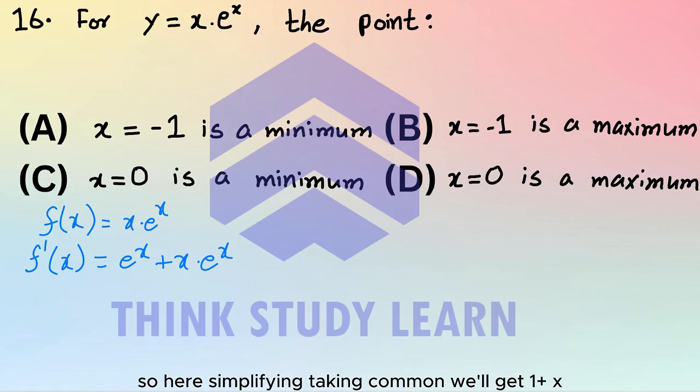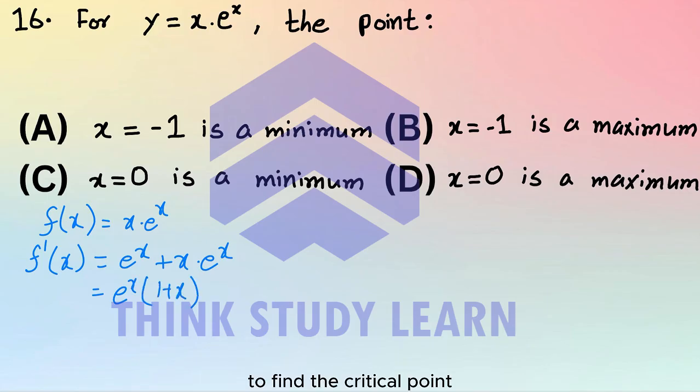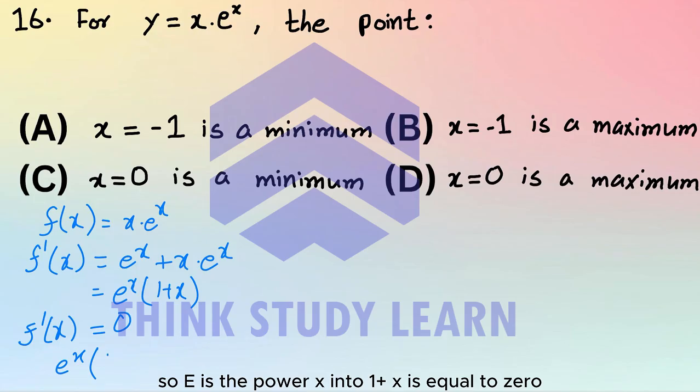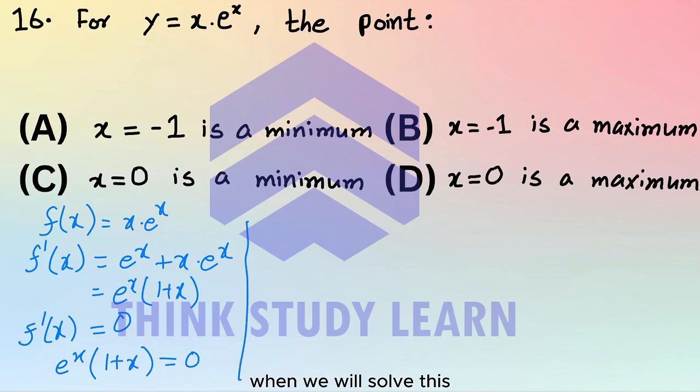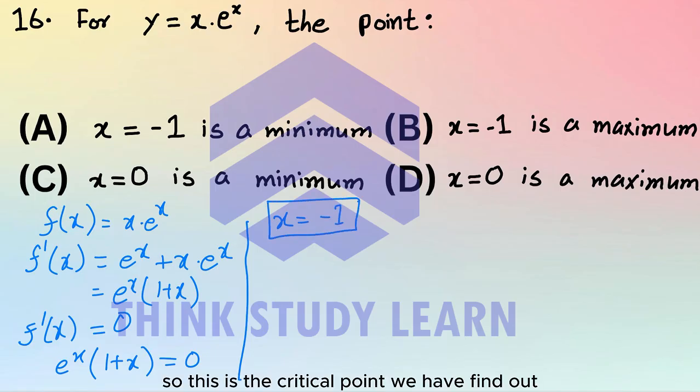Simplifying, taking common, we will get e raised to the power x into 1 plus x. To find the critical point, we put the first derivative equal to 0, f dash of x equal to 0. So e raised to the power x into 1 plus x is equal to 0. When we solve this, x comes out to be equal to minus 1. So this is the critical point we have found.